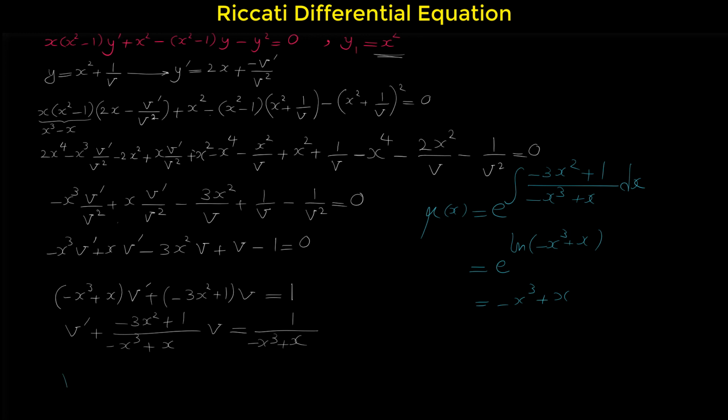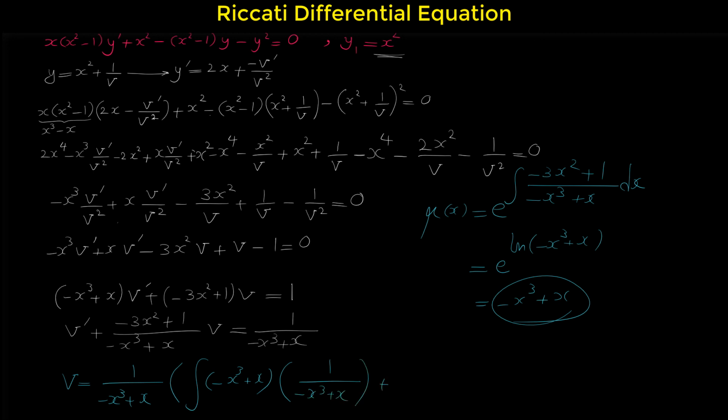So v equals 1 over the integrating factor, 1 over mu of x, negative x^3 plus x, times the integral of mu of x, negative x^3 plus x, times q of x, which is 1 over negative x^3 plus x, dx, plus c.